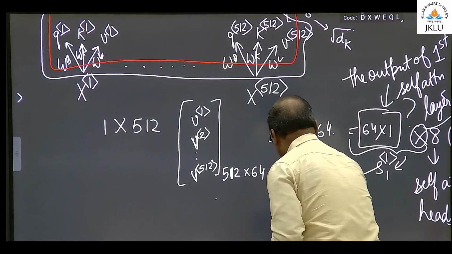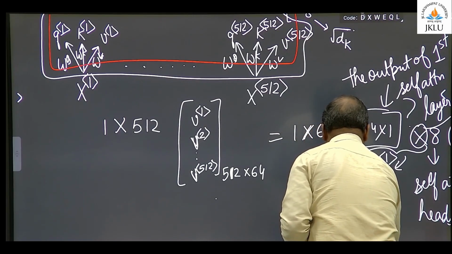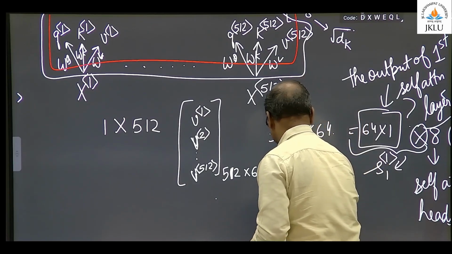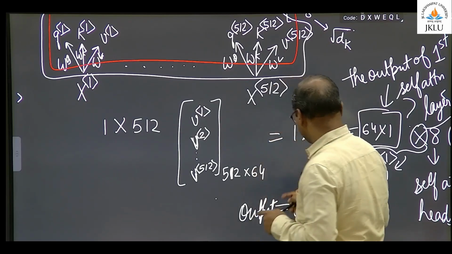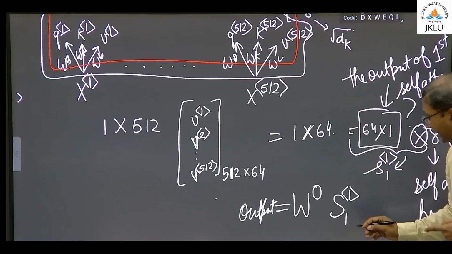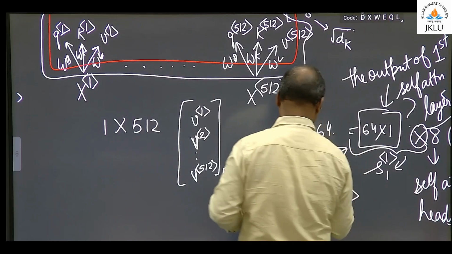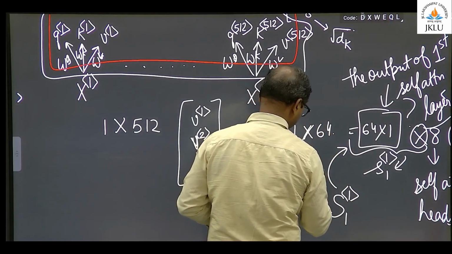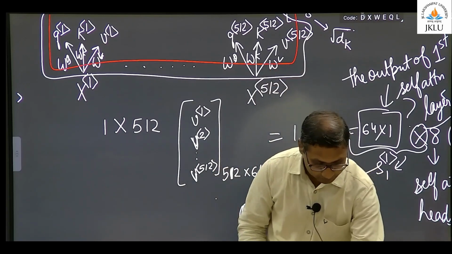They have another parameter matrix WO that will take S1 and will give you the output. This is that vector which was concatenated, right. So this one, after concat.